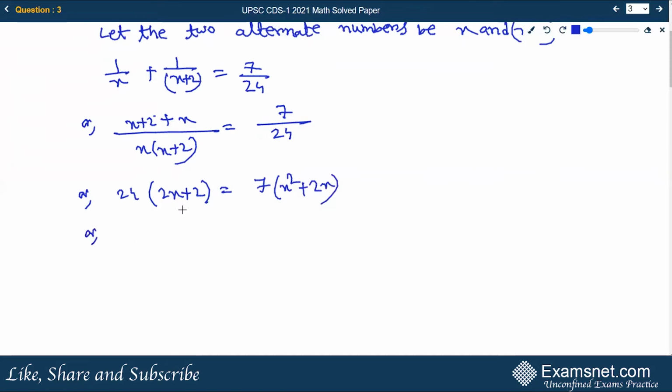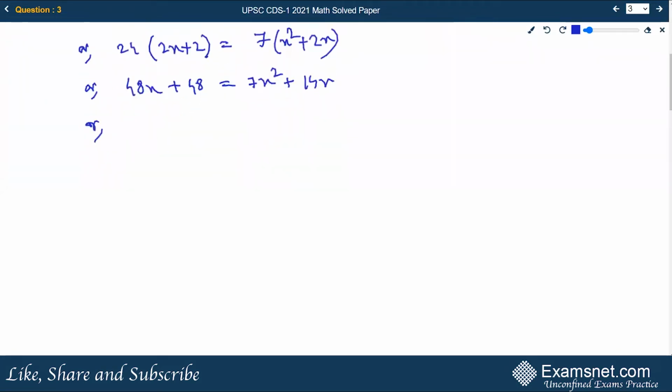We can drop the brackets and shift all the numbers to one side. So we will get 7x squared 14x, or 7x squared minus 34x minus 48 equals 0.